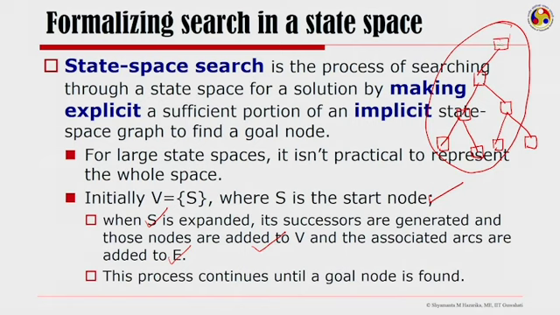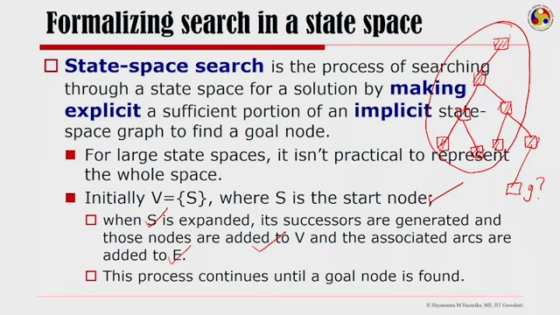So, instead of having the whole state space graph explicitly generated and then looking for a solution, the idea is to make explicit a sufficient portion of it as I go on expanding nodes, and for every node that I expand, answering the question whether that is my goal node.